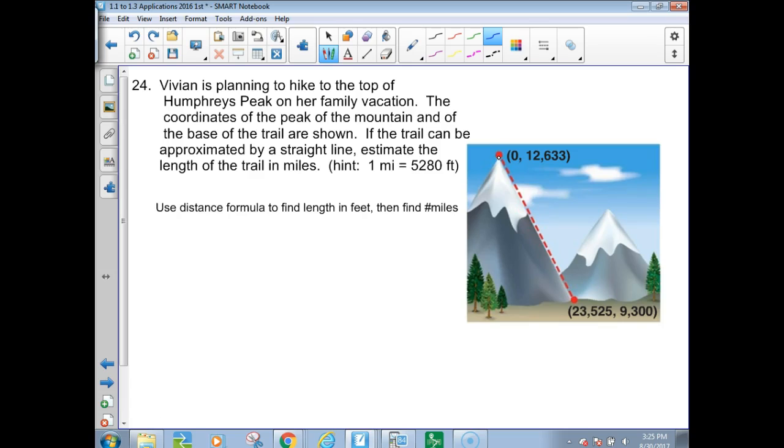This would be the distance formula. You can make a right triangle on here. These are just humongous numbers. This number, the 23,525, would be right at the bottom because it's the x number. And then the vertical number would be the 12,633.